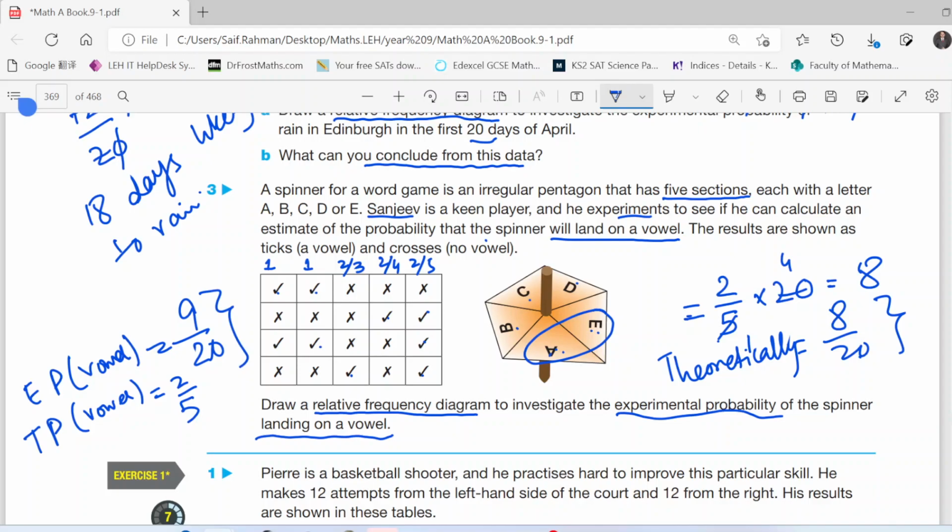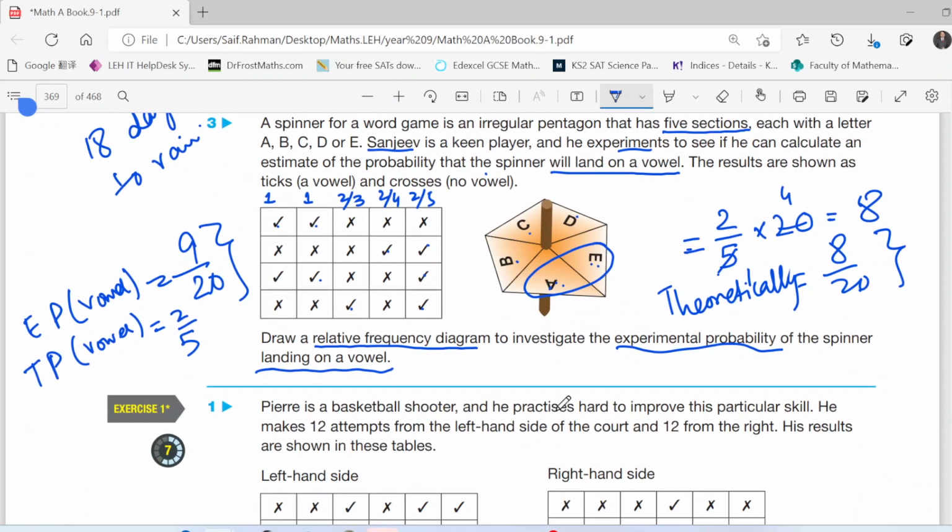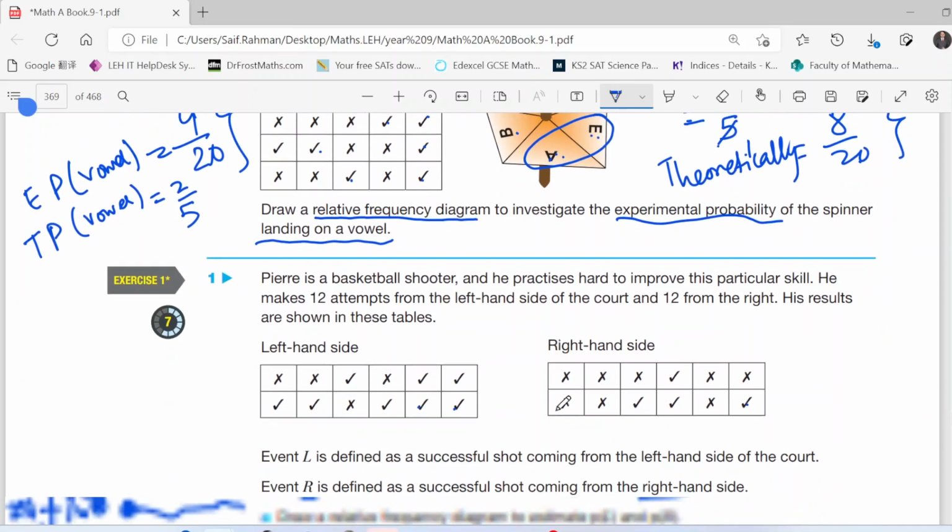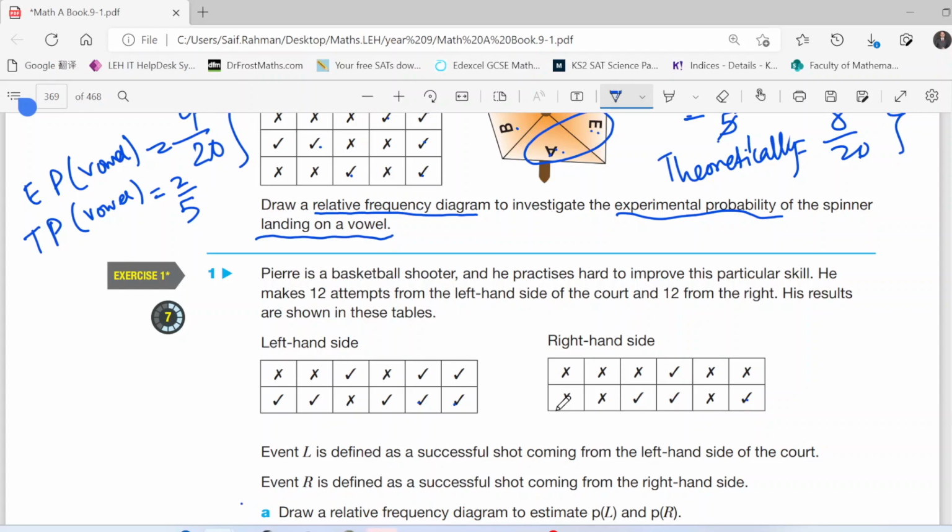So that shows that they are pretty close, and the experimental and theoretical probability are about the same. Okay, so this is the theoretical probability, and we go to the next exercise.